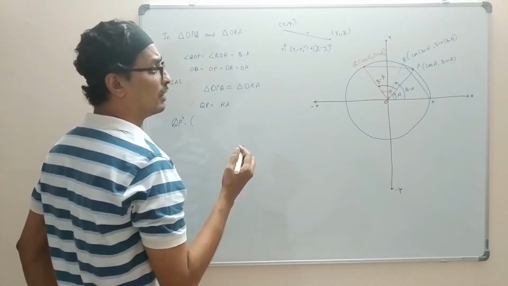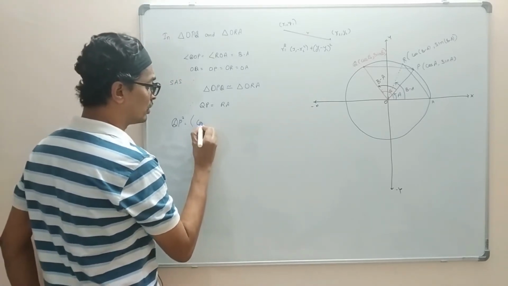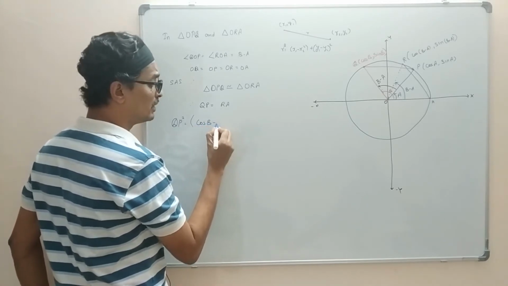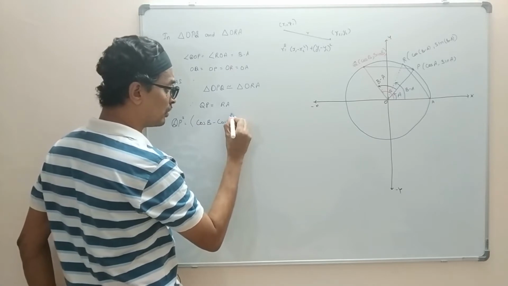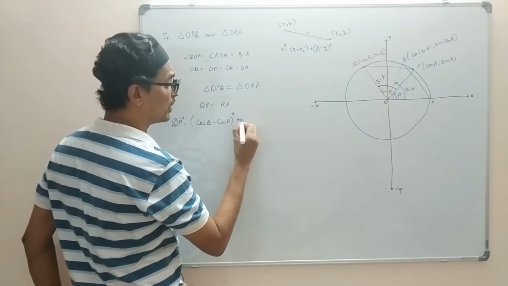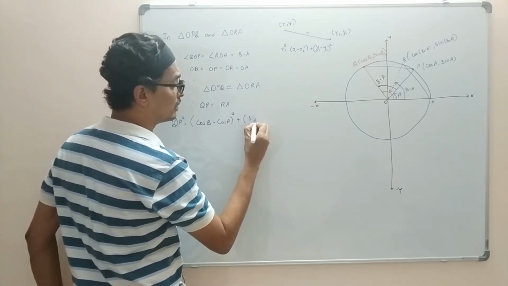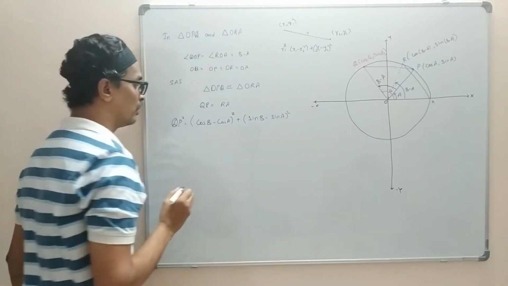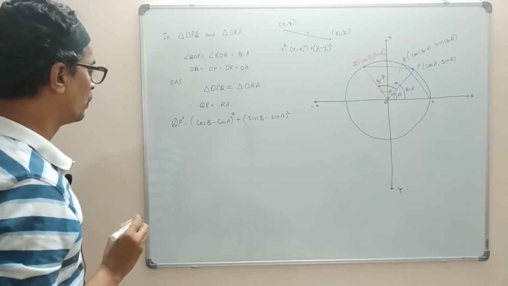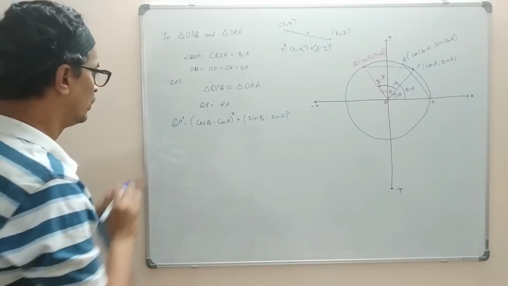X is cos B. Cos B minus cos A whole square, plus sin B minus sin A whole square. Okay, so let us open it.